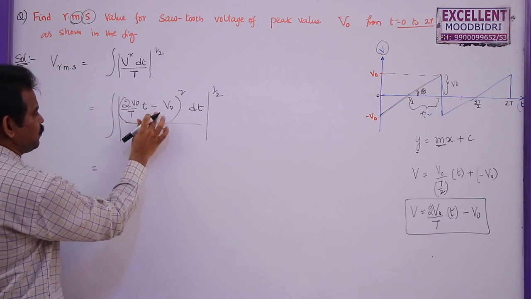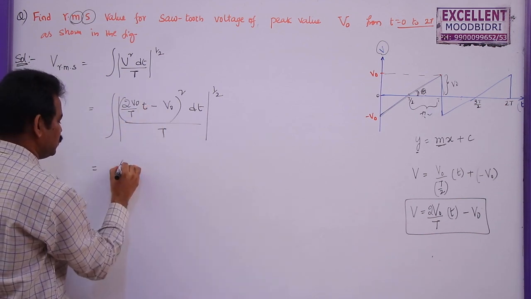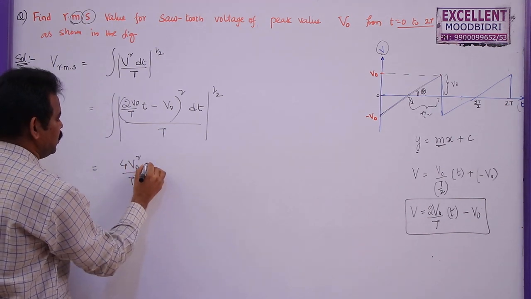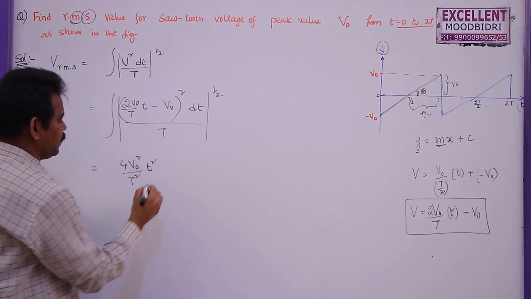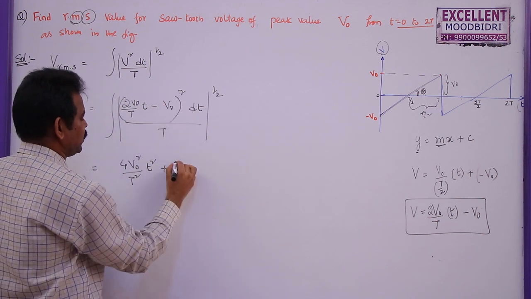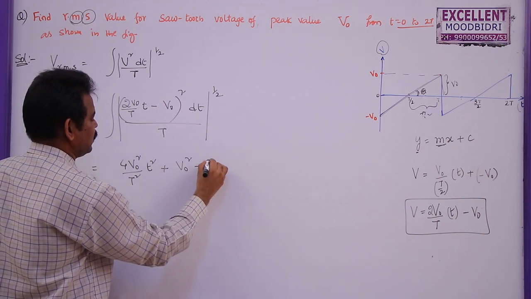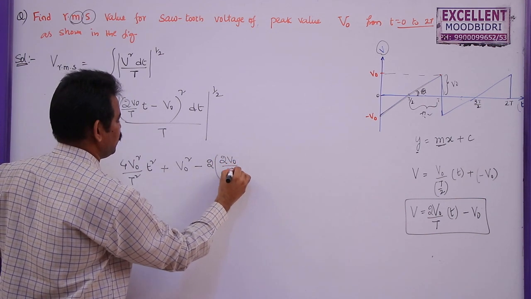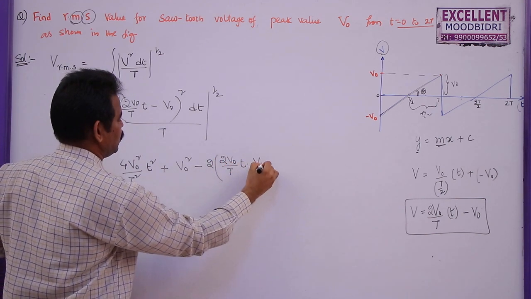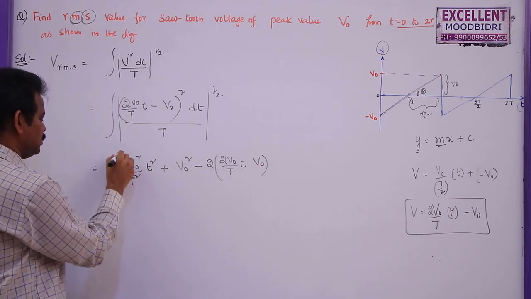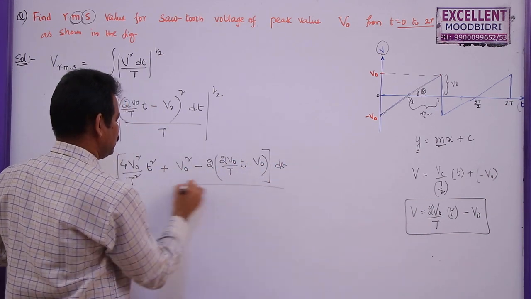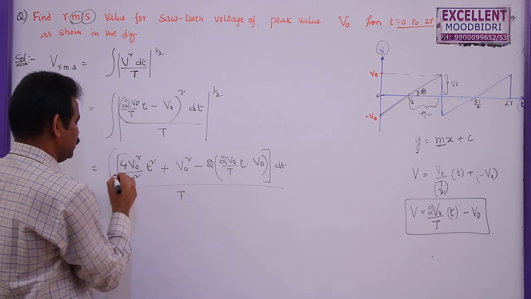So this is a minus b whole square, which you can write as 4 V0 square by T square into t square plus V0 square minus 2 into ab, 2 V0 by T into t into V0. This is the expansion of a minus b whole square, dt by T under the integral.